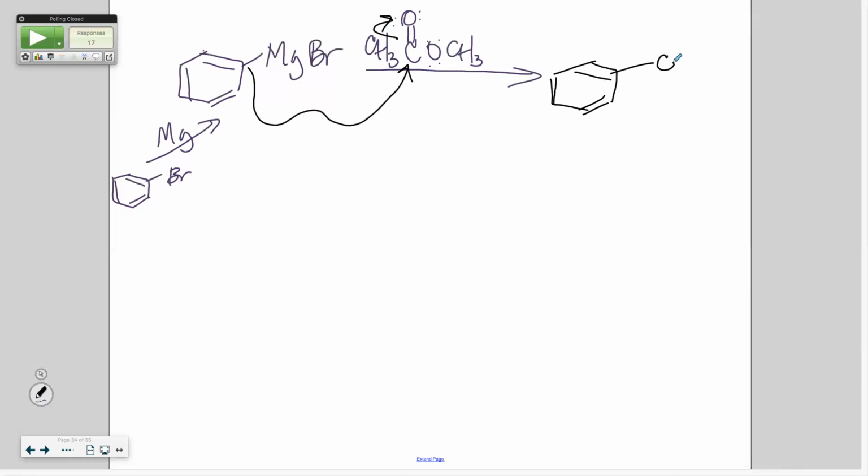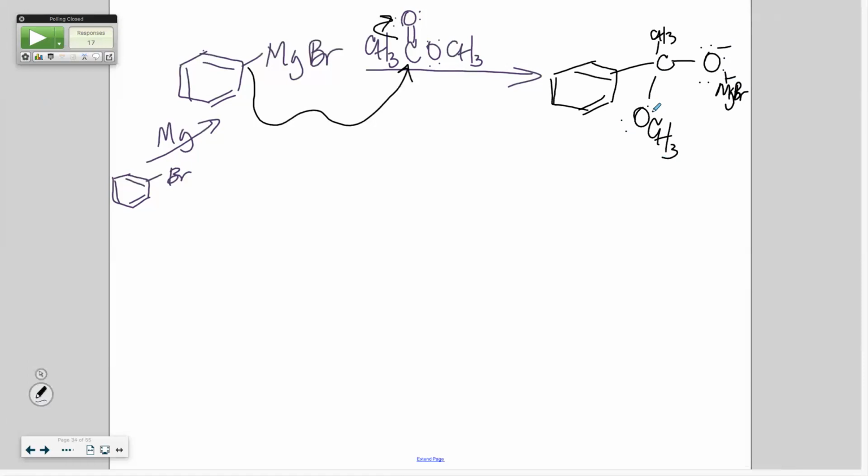We got a methyl and what is that O? Negative and MgBr plus. Okay, and what else is on that C? OCH3. Let me put some lone pairs on there.